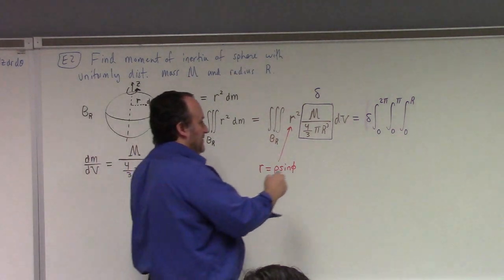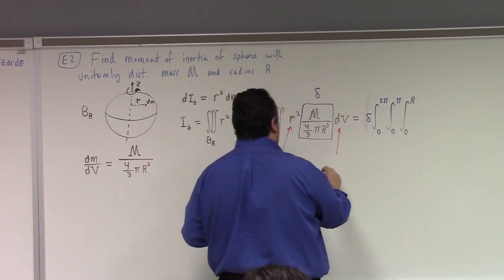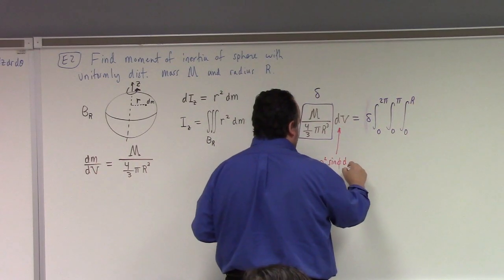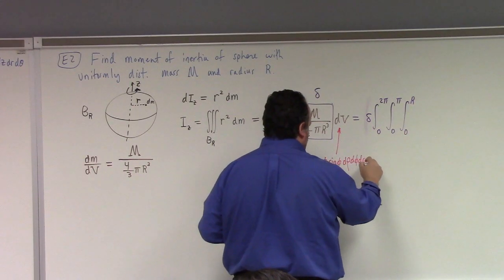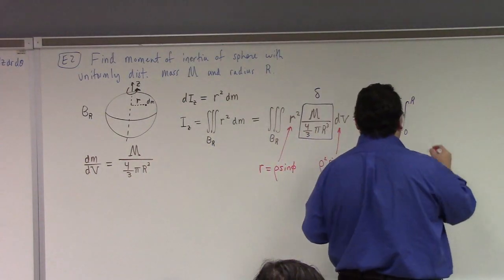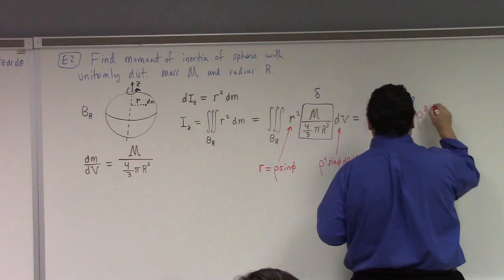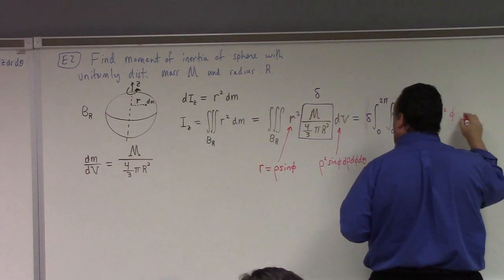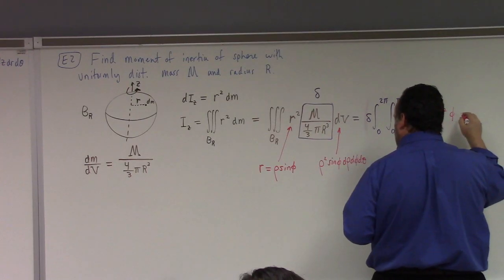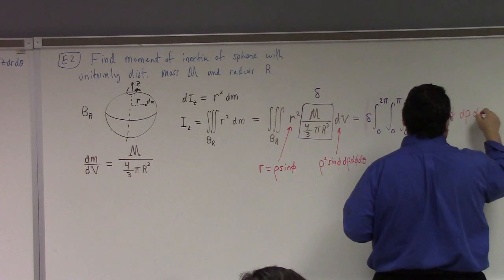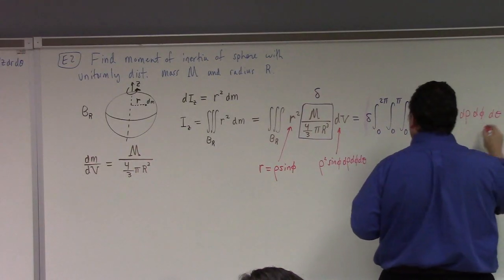Now dv in spherical coordinates, remember, is rho squared sine phi d rho d phi d theta. And so put those two things together, we got ourselves a rho cubed sine squared phi, oh yeah, d rho d phi d theta.